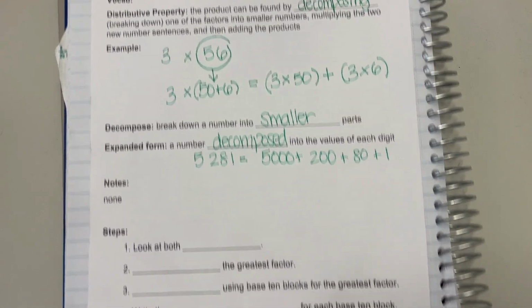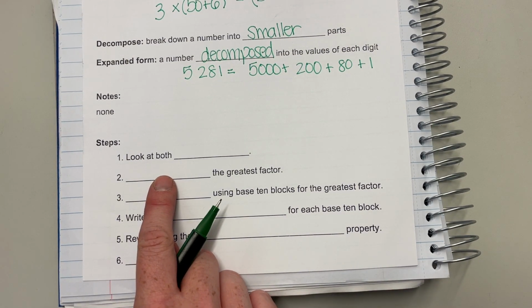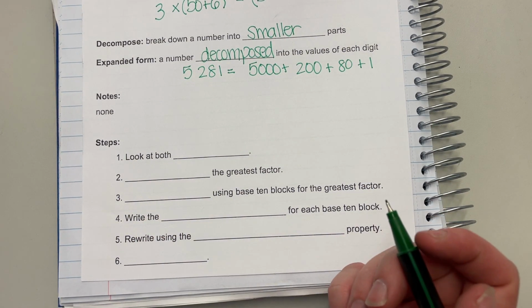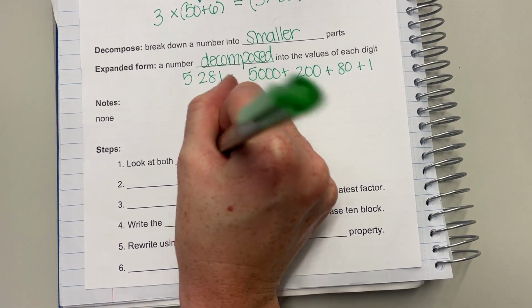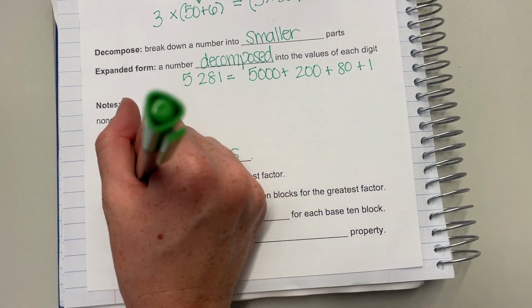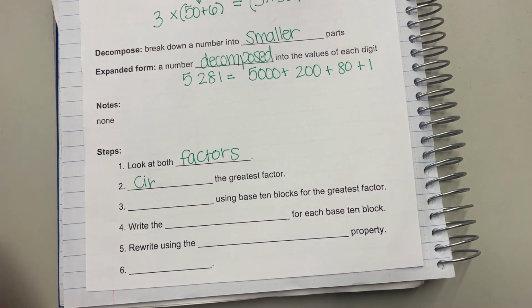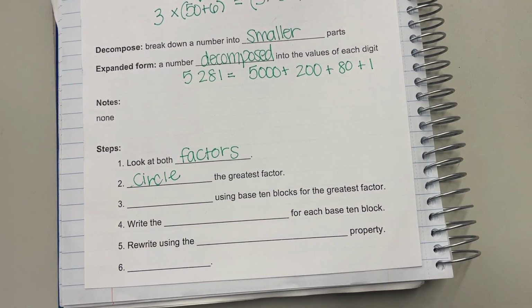That's expanded form. Our first step is look at both factors. You need to circle the greater factor.